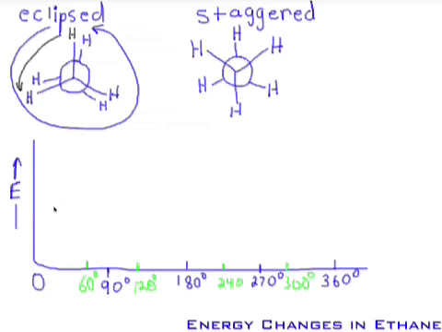So we're going to go from 0 degrees, and I'm going to mark this as the energy of the eclipsed. Once we get to 120, we hit that same energy again, another eclipsed state. And every time I go 120 degrees, I hit that energy. When it goes to here, I've gone 240. And finally, when it rotates right back to where it was, it's gone a full 360.